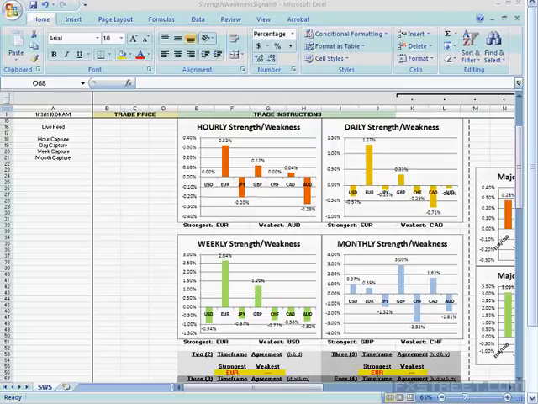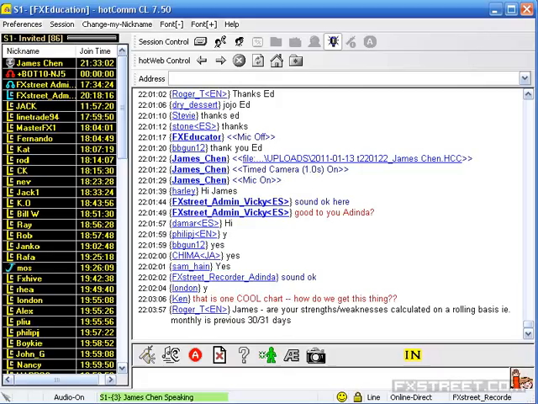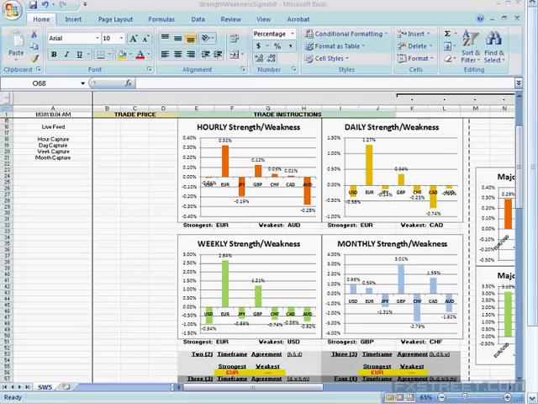Okay, I have this question here by Roger. That's a great question. Are your strength weaknesses calculated on a rolling basis, i.e. monthly as previous 30, 31 days? I'm working on that. For now, the monthly strength and weakness simply goes back to the beginning of the calendar month, and the weekly goes to the beginning of the calendar week as well.